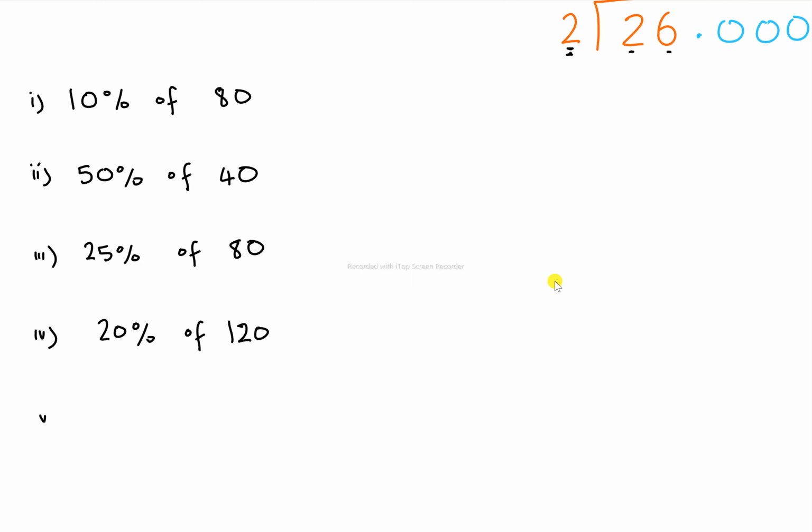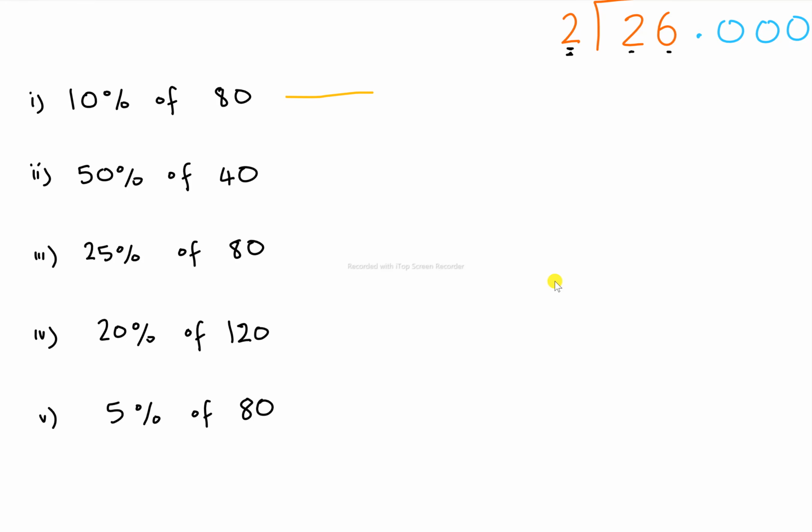Right, finally, let's work out 5% of 80. Give yourself a minute to think about those and try to do them in your head now, because you're going to be struggling for time.